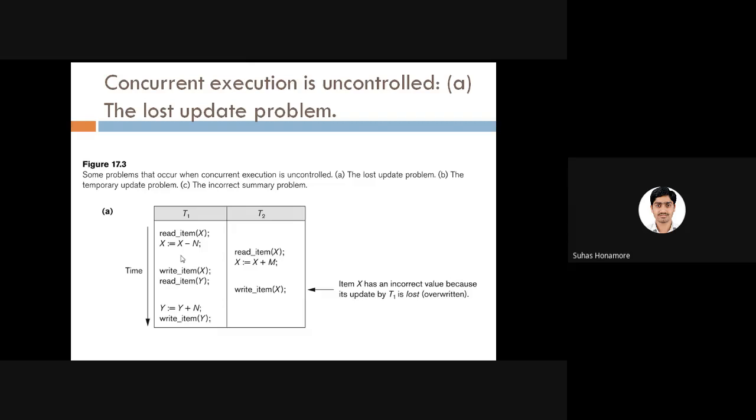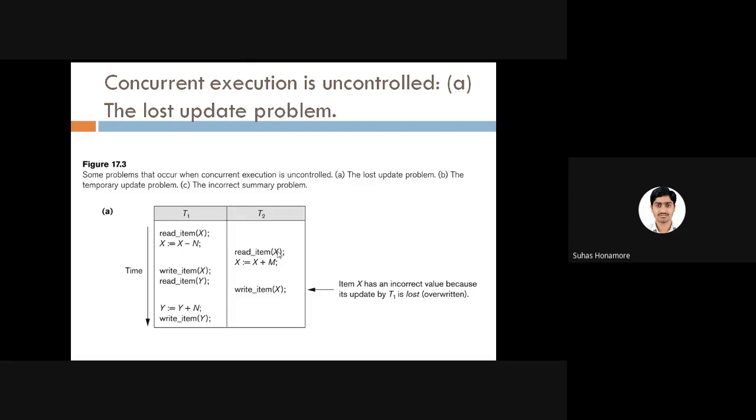But what is happening here is, suppose I interleave like this. Here 10 is deducted, and it is trying to write 90. T2 is reading the data item X from the database.